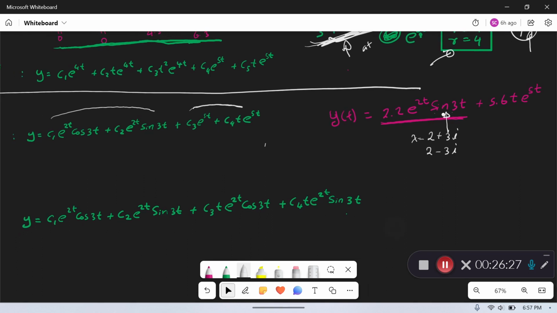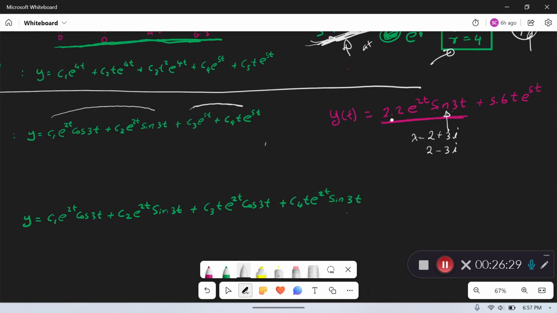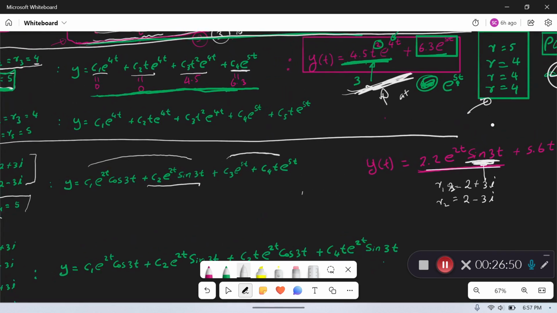That means just by looking at this term, we can say that you have two roots, R1 and R2. When you have complex numbers, the roots will always come as these two pairs.